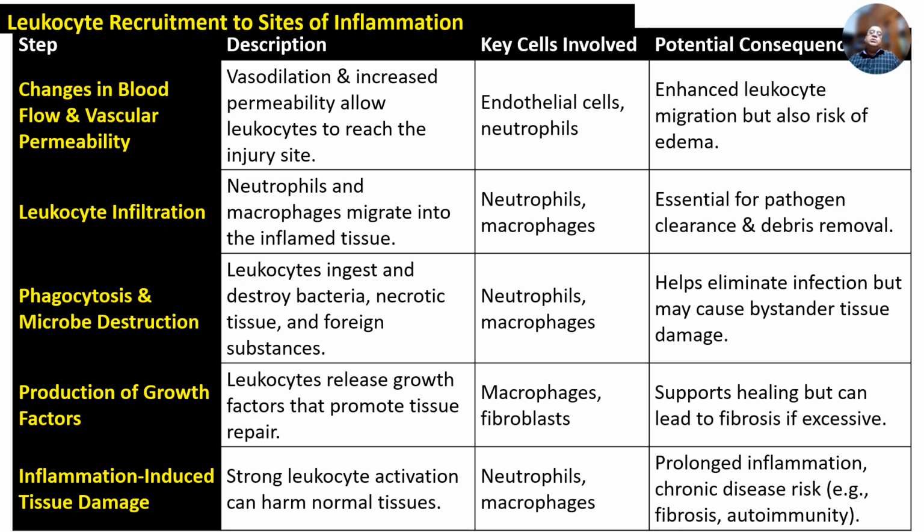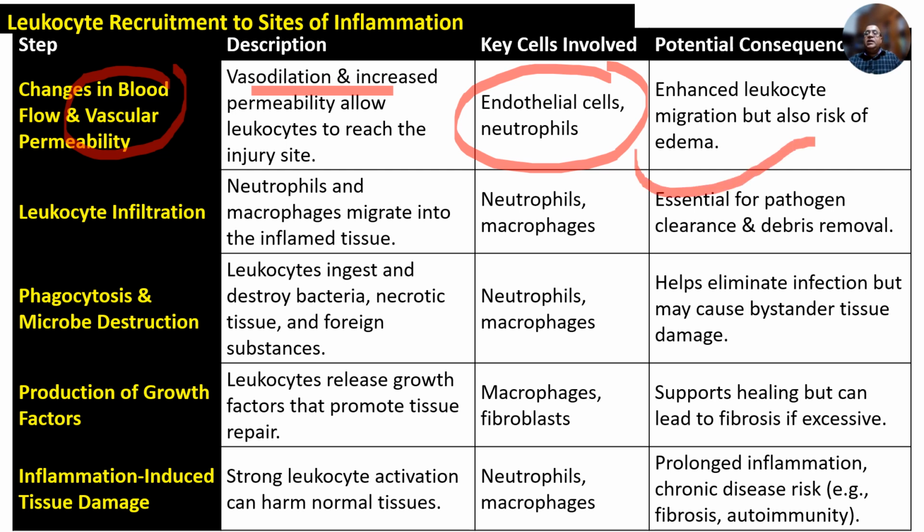So in leukocyte recruitment to the site of inflammation, first there are changes in the blood flow and vascular permeability that result in vasodilation and increased permeability, and the endothelial cells and neutrophils are involved, and they enhance the migration of the leukocytes, and along with the migration of leukocytes there is a chance of edema development.